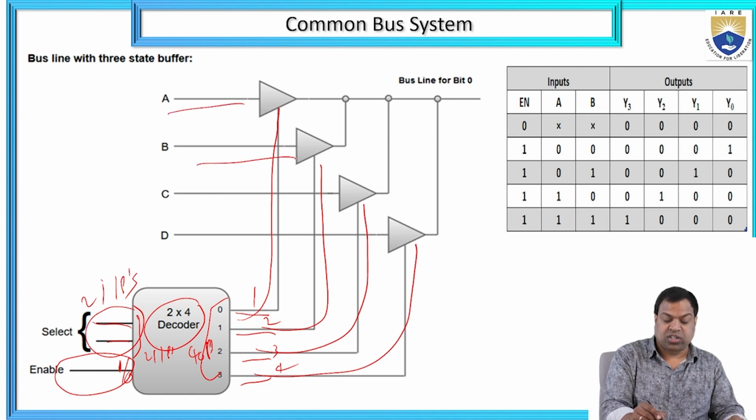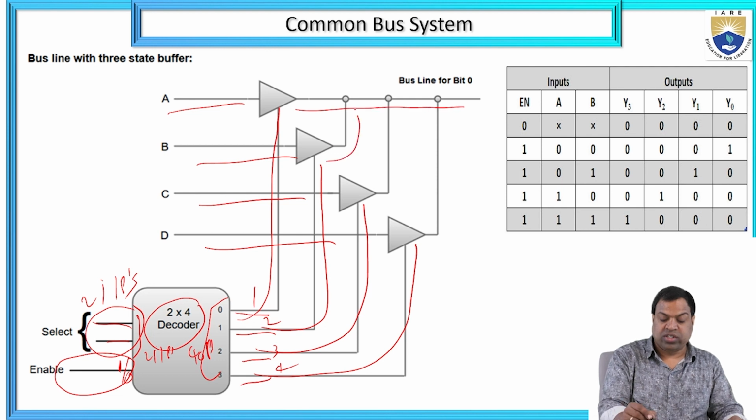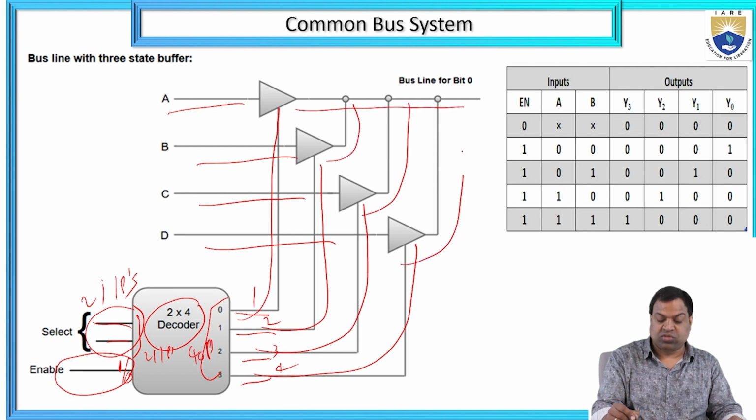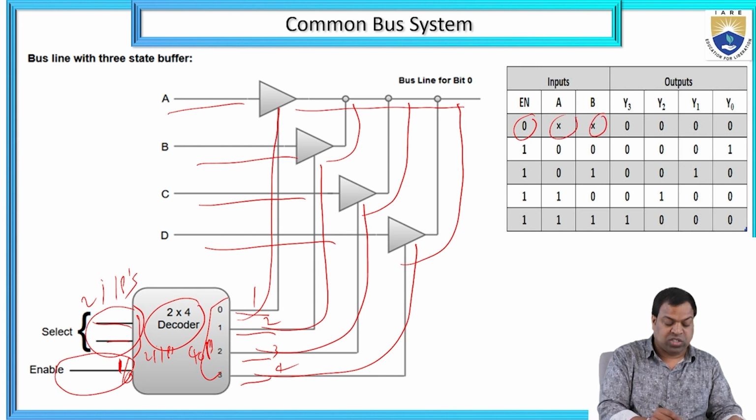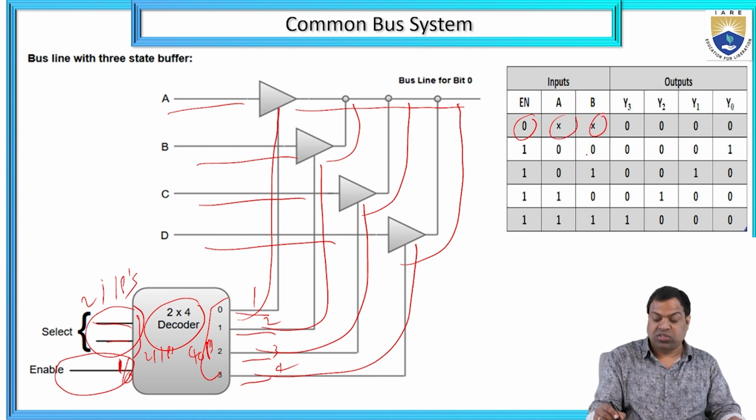So these are connected to the input gate. It is the output of this one, the output of this one, the output of this one. Enable: if enable equal to 0, there are no outputs. If enable equal to 1, it is enabled, means the switch is on. Then how many possibilities are there now?